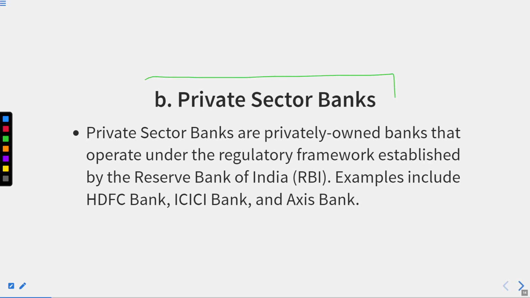Now we have the private sector bank. Okay, so what do we mean by the private sector banks? Private sector banks are the privately owned banks operating under the regulatory framework established by the Reserve Bank of India.